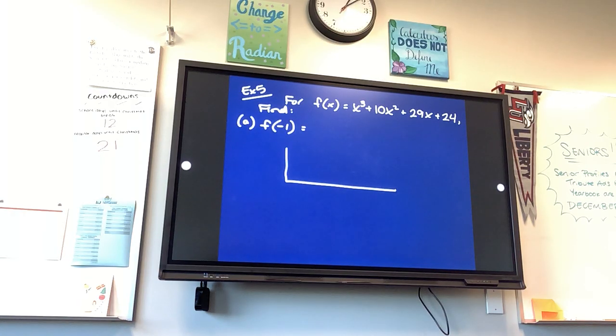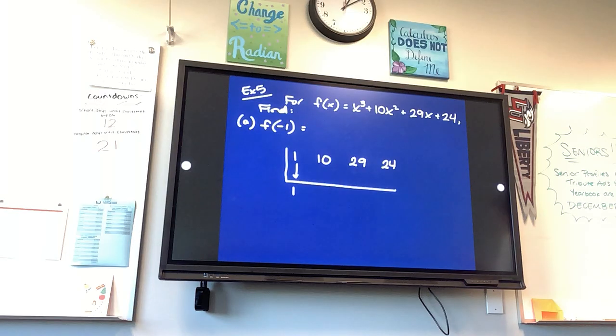So setting up the synthetic division, I say x cubed, you say what? 1, thank you. X squared, 10, thank you. X, 29, and constant, 24. Very good. Bring down the 1. And then we didn't really take notes on this, so let me just do this again with you out loud.